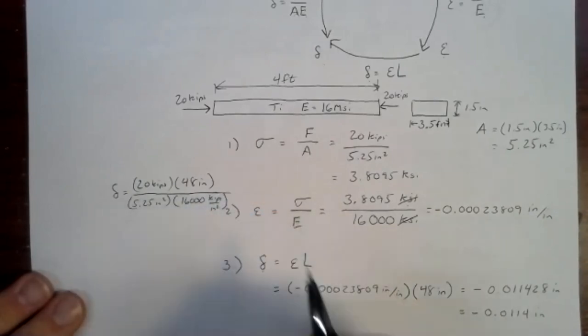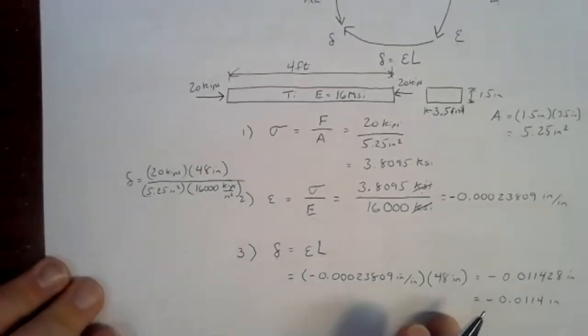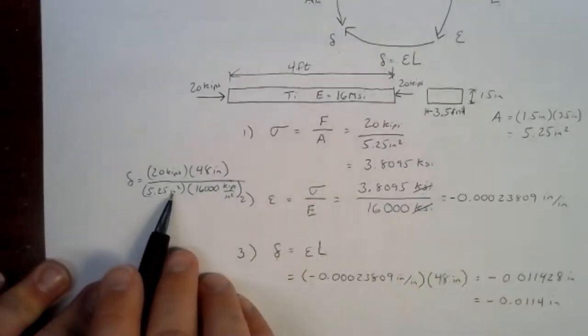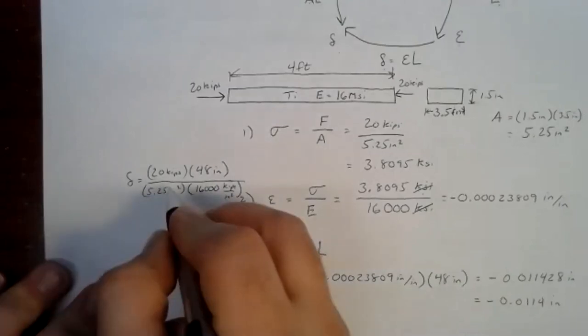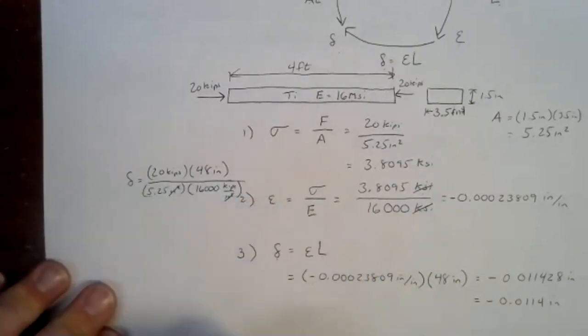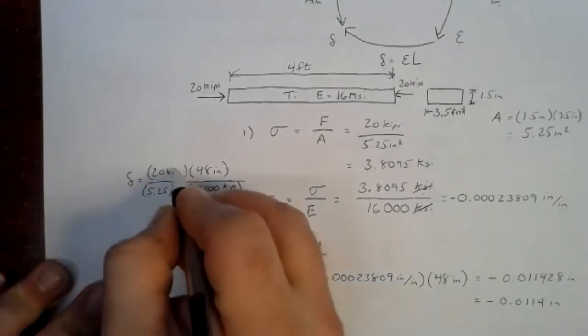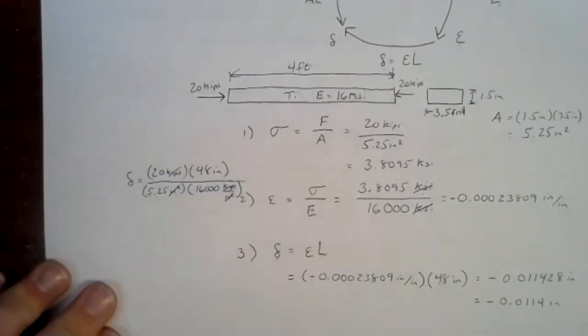You'll see why I write it that way in just a second. I want to make sure that the inches squared cancel out here. My inches squared and inches squared should cancel out. The kips and the kips should cancel out. And all I'm left with is whatever unit I plugged in with my length.